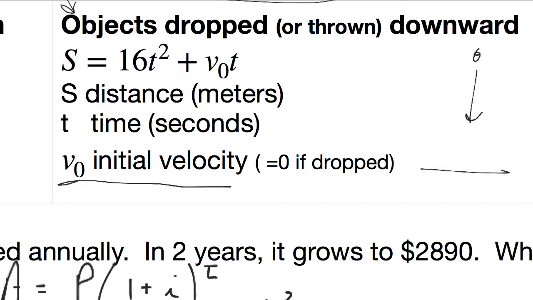If you're dropping something, then this is equal to 0. If you throw something downward, then it has a positive initial velocity. But if you're just letting something go, at the instant that you let it go, it's just hovering there in air, and V0 is equal to 0. The velocity is 0 if you're just dropping something. Then it starts to gradually pick up speed until it eventually hits the bottom.